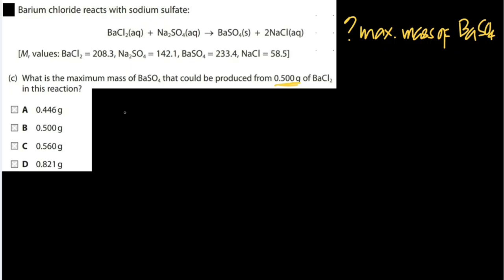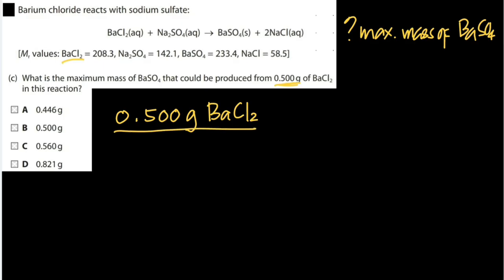All right, so to solve this, we start with the given values. So the given value here is the mass of barium chloride. We just have to divide this by its molar mass, which is given here, to solve for the number of moles of barium chloride.